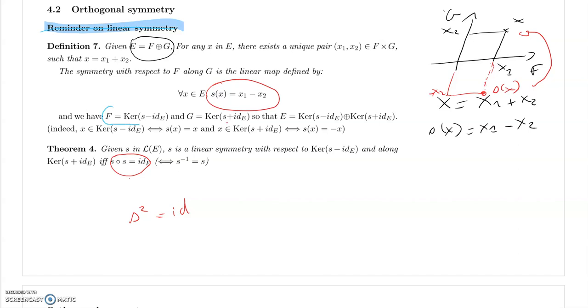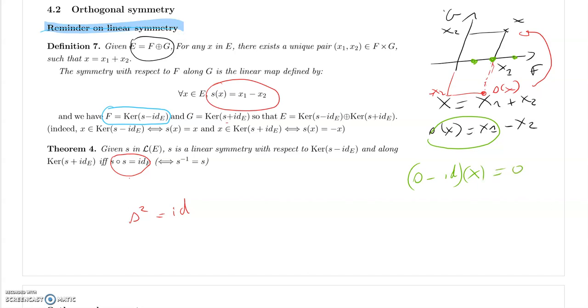Now, if you want to find the corresponding characteristic spaces of that symmetry, they are given by this relation. F is the kernel of S minus identity. What does it say? It says basically that anything that belongs to F is going to stay where it is. So (S minus I) of x is equal to 0.